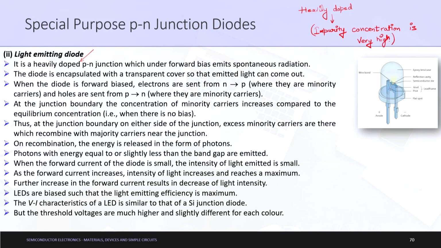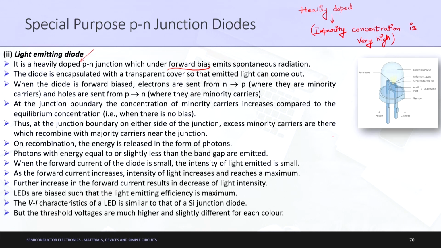Heavily doped basically means that the impurity concentration being added to the semiconductor is very high. Okay. So, it is a heavily doped PN junction which under forward bias emits spontaneous radiation. Okay. So, this time our example of understanding the special junction PN junction diode is basically a forward bias.